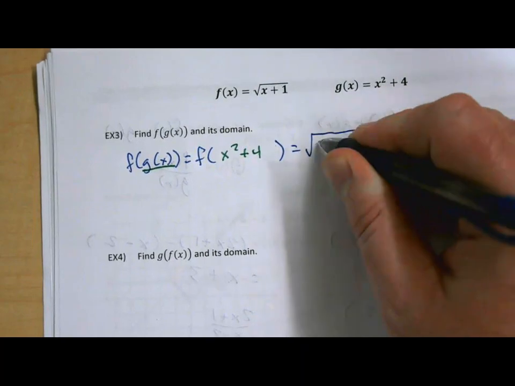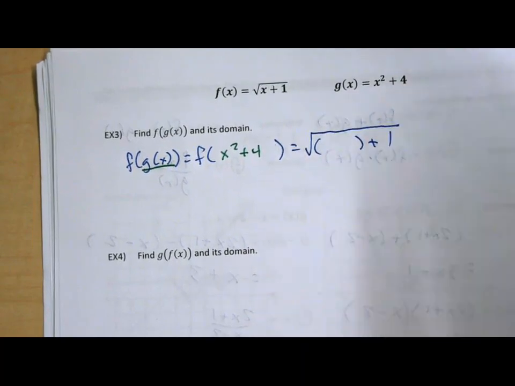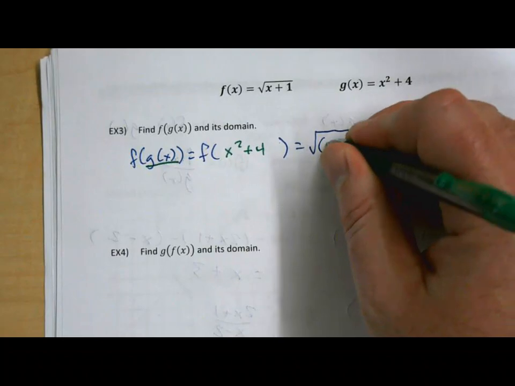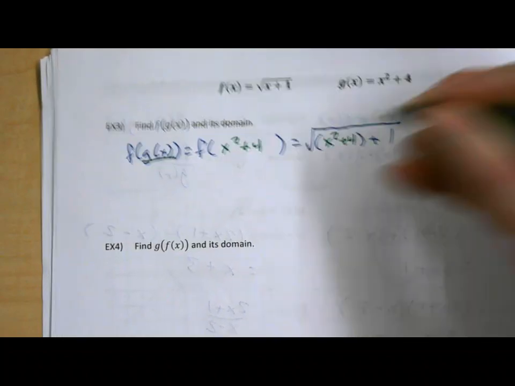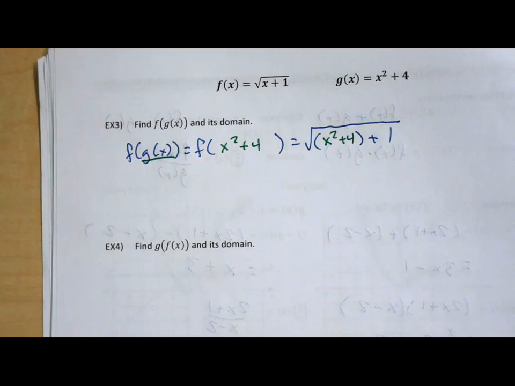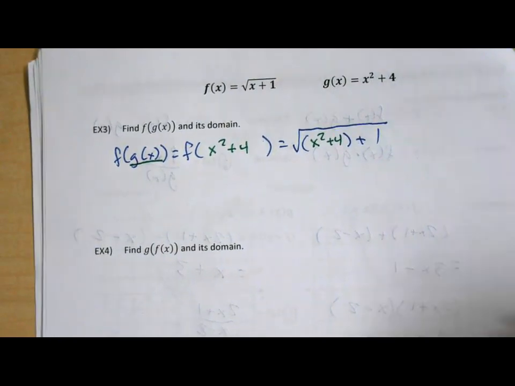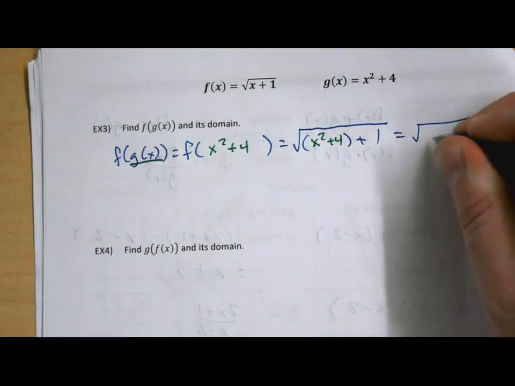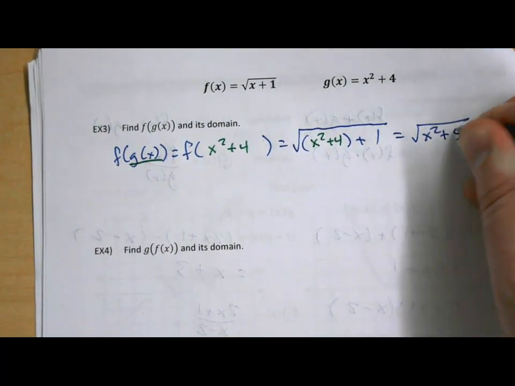It's the square root of x plus 1. But I left out my x because I'm now going to replace my x with x squared plus 4. That's not that bad. And then we'll simplify it if we can, and we can for this one. That would be the square root of x squared plus 5.